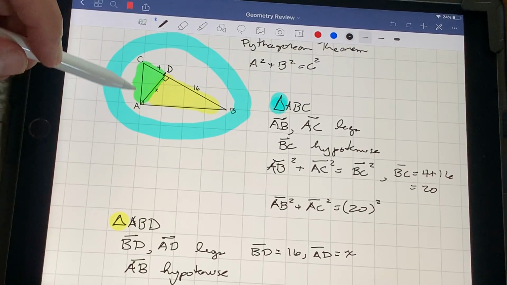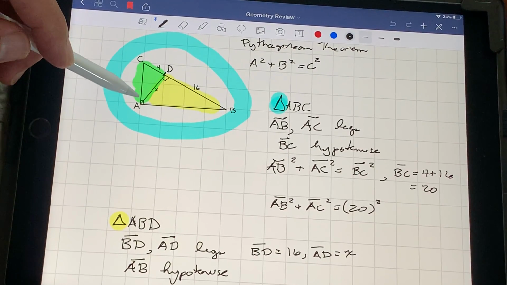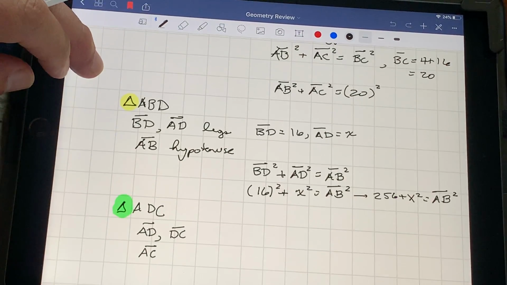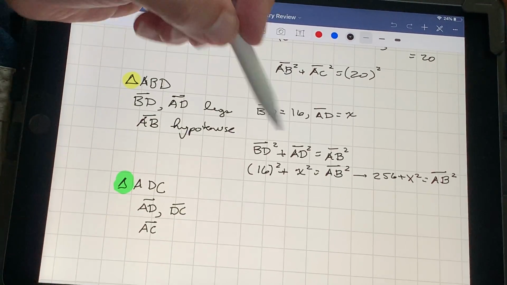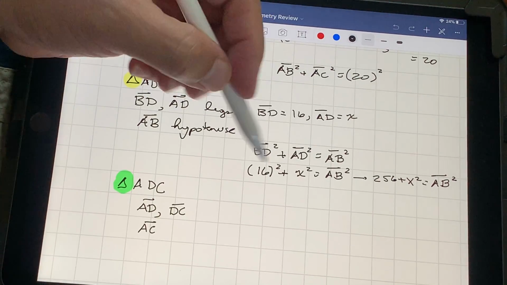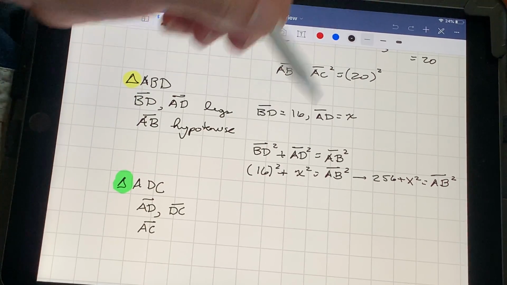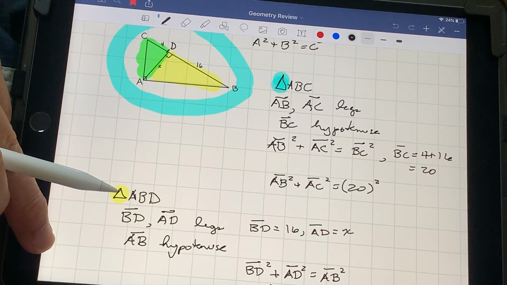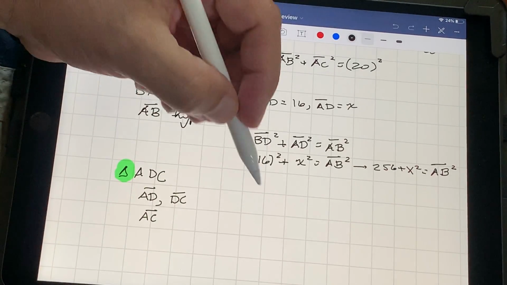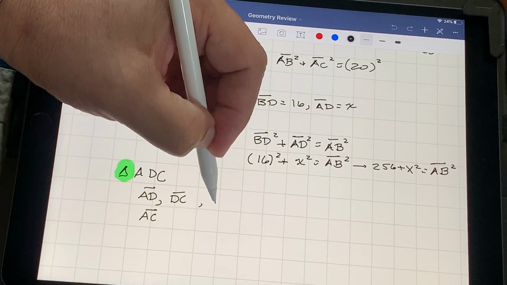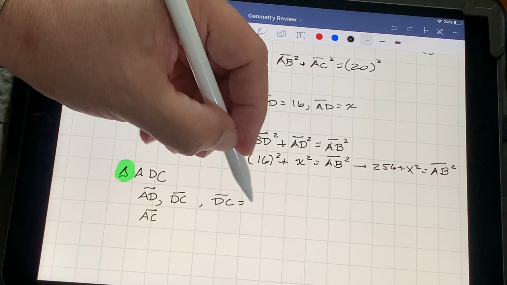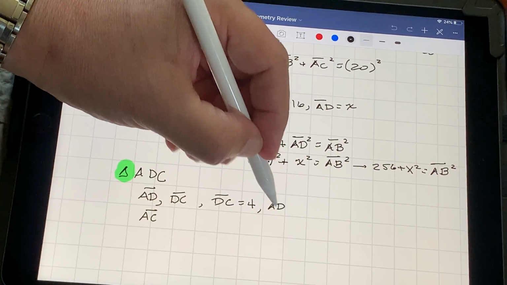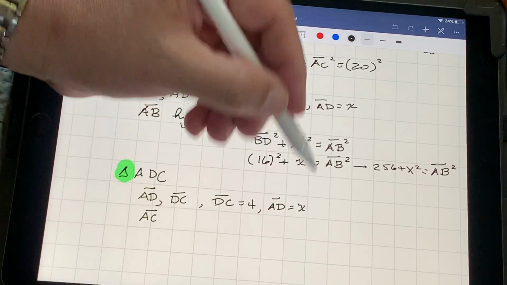As you can see here, hypotenuse AC, legs AD and CD. But before applying the Pythagorean theorem again, let's not forget that DC equals 4 and AD equals x.